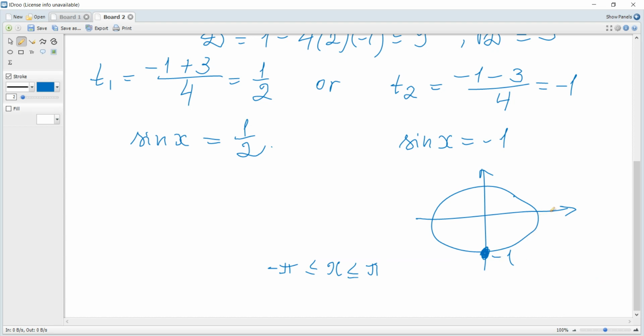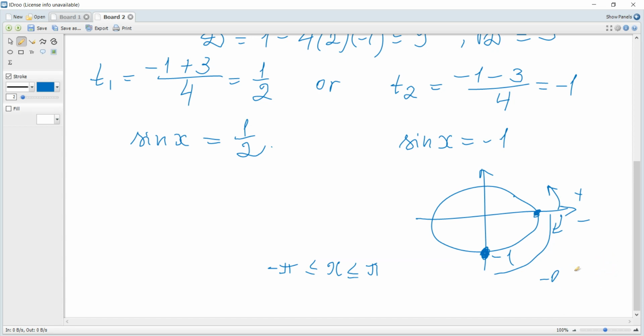As the starting point for angles, 0 degrees or 0 radians, is here, and in anti-clockwise direction there are positive angles, in clockwise direction negative angles. Since we need x to be from negative pi to pi, this point is just 90 degrees in clockwise direction, so it's negative 90 degrees or negative pi over 2.